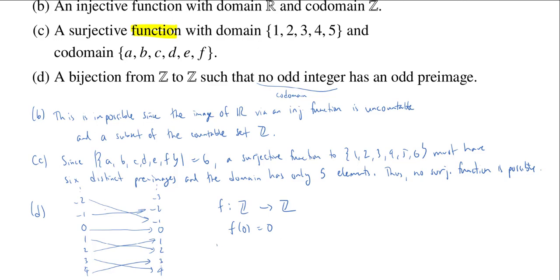So if n is positive and odd, then I'm going to send f of n to n plus 1. And if it's even, f of n will go to n minus 1, right? 2 goes down to 1. And what if n is negative? If n is negative and odd, let's see, -1 goes to -2. There I'm subtracting 1. So f of n will be n minus 1. And if it's even, I'll send it to n plus 1.